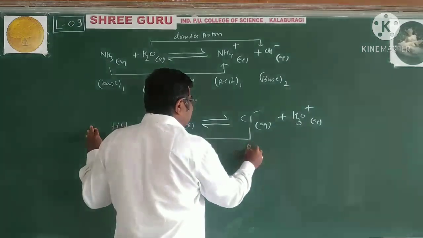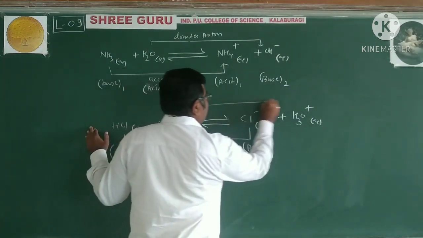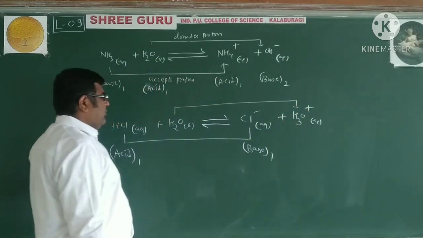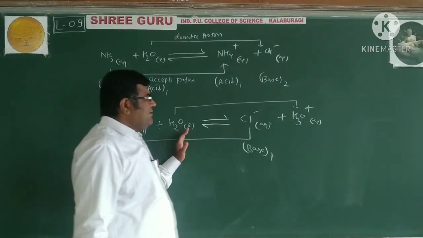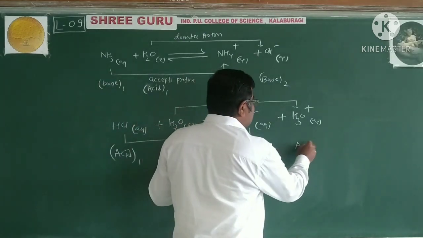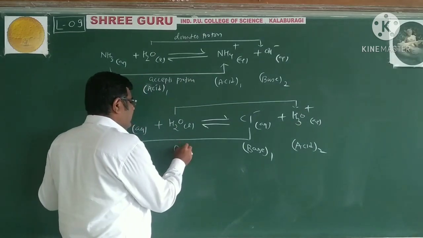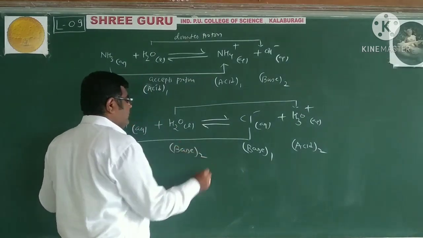That's why it is base 1. Compare these two. H3O+ has more H plus ion than H2O. That's why it is acid 2. And this is base 2.